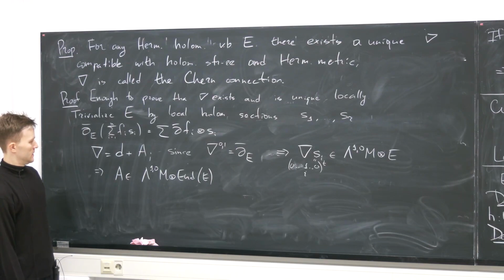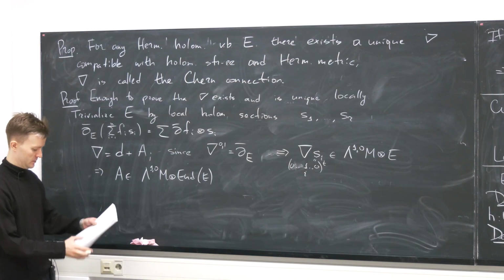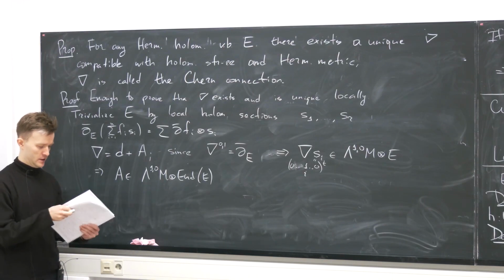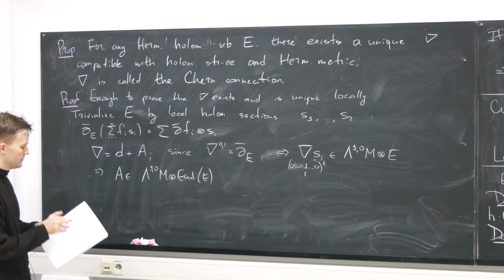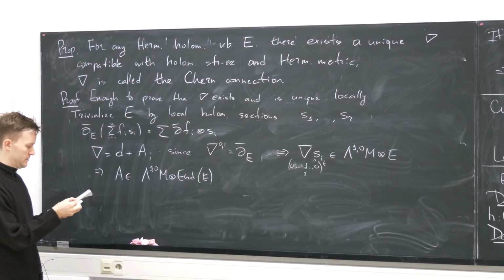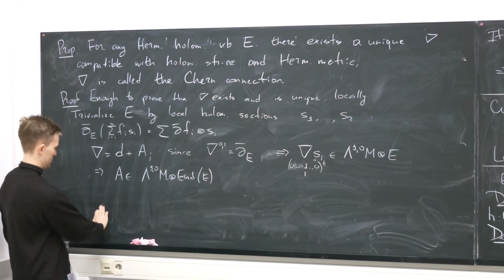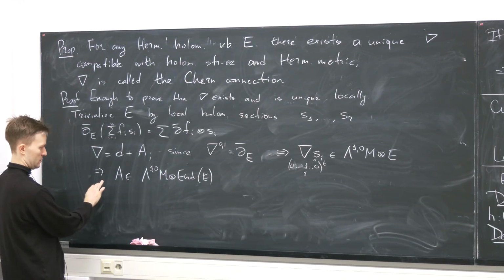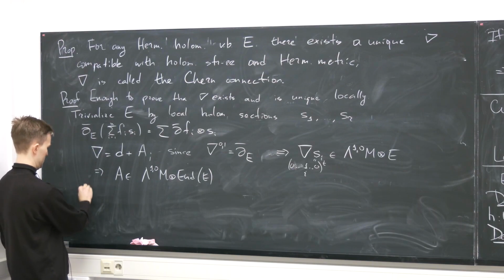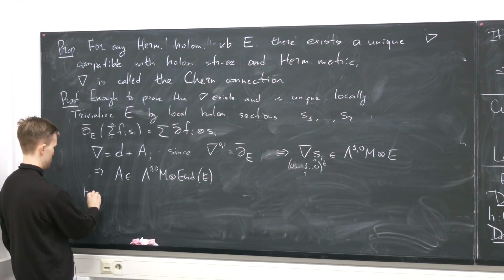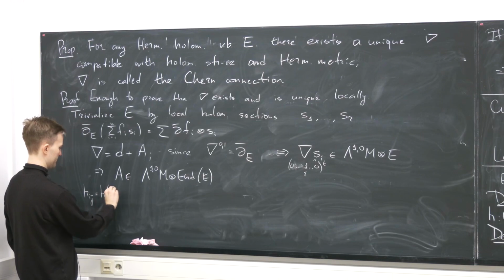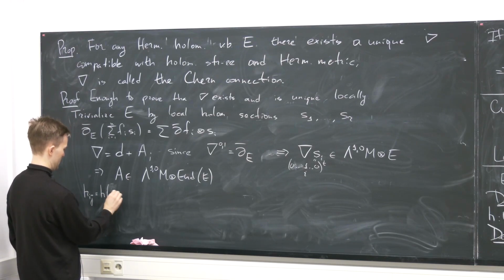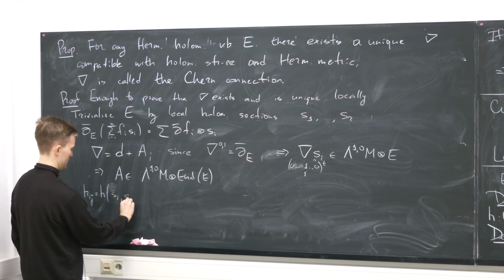Then the condition that the connection preserves a Hermitian metric. So let's write down what it means. For this, let's introduce the following notation. We had the elements Hij that are H of Si, Sj bar.